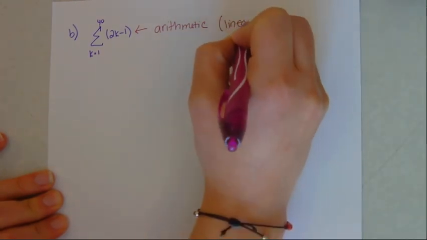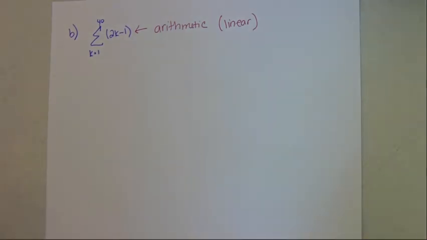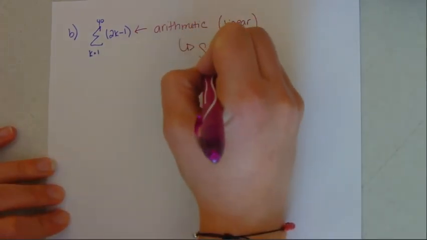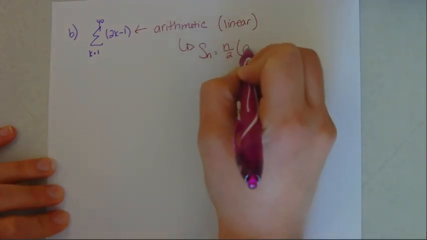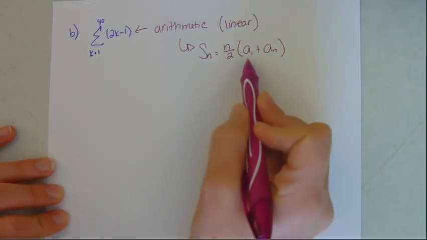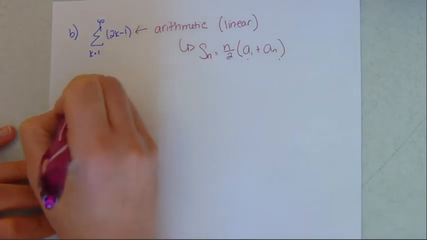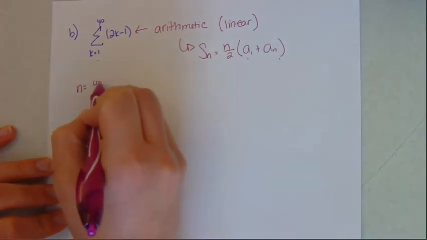It's got that y equals mx plus b format. You have to be able to see if it's linear or exponential, geometric. For an arithmetic sum, hopefully you can take out your green sheet and say, my sum is n over 2 times a1 plus an. So all I need is my first term, my last term, and n. Remember how you find n: top minus bottom plus 1.